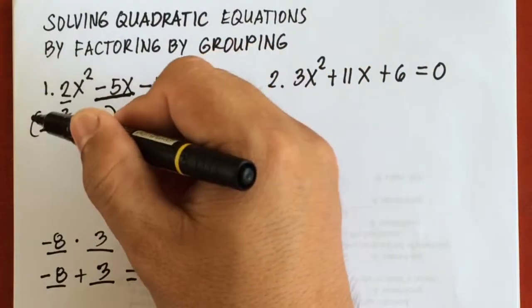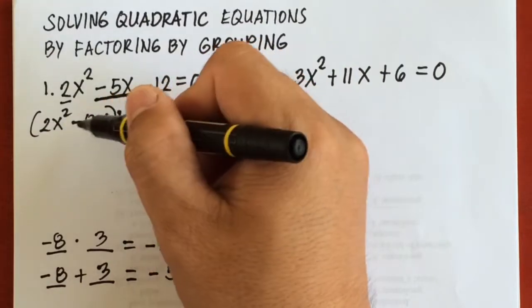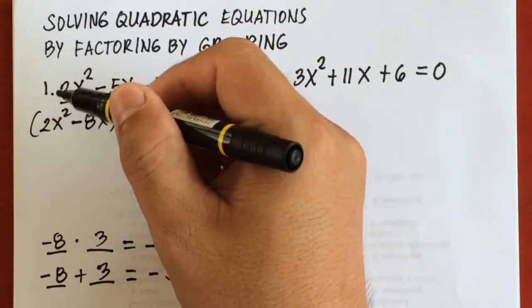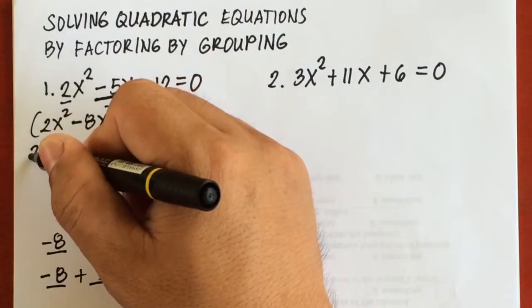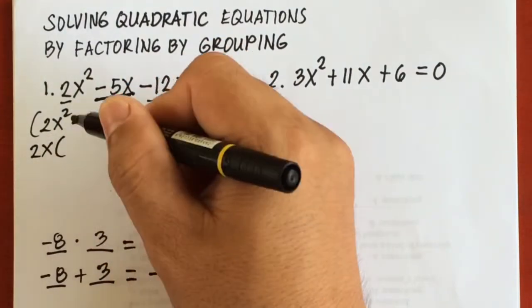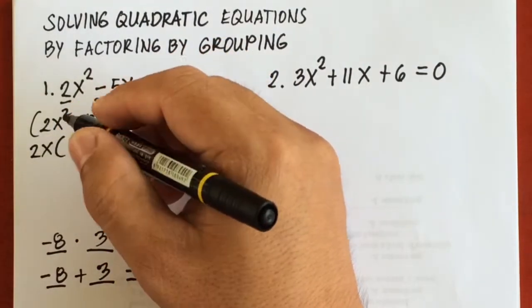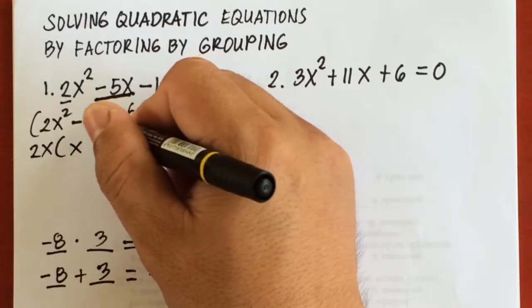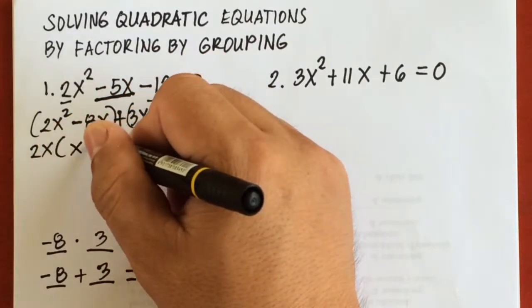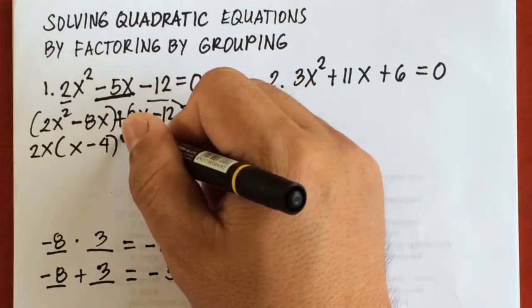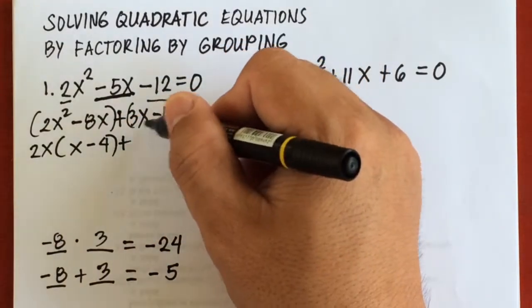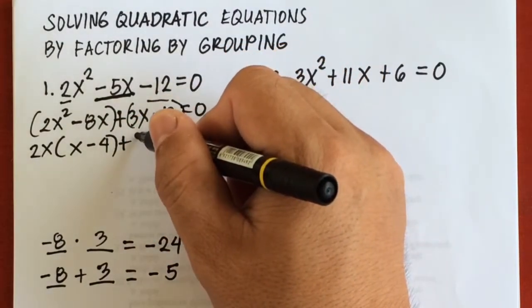Now in here, we're going to have the common factor. The common factor here will be 2x. Then 2x squared divided by 2x will be x. Then negative 8x divided by 2x will be negative 4. And plus, common here is 3.